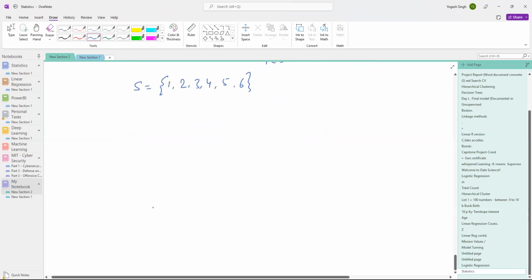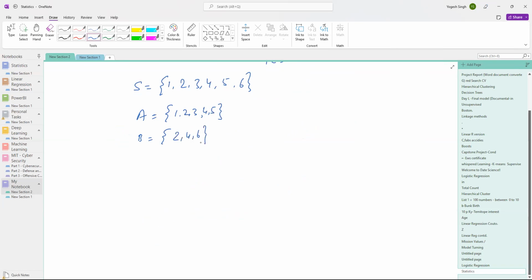I have two events, A and B. A is an event of elements 1, 2, 3, 4, and 5, and B is a set of elements 2, 4, and 6. What is the conditional probability of A given B?